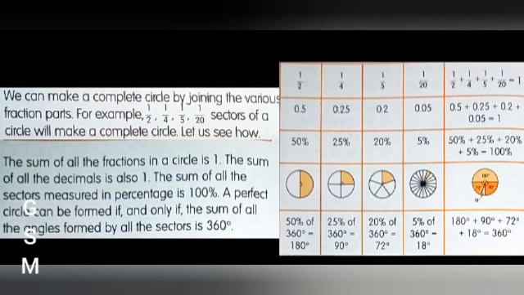The sum of all the decimals is also 1. The sum of all the sectors measured in percentage is 100%. A perfect circle can be formed if and only if the sum of all the angles formed by all the sectors is 360 degrees.